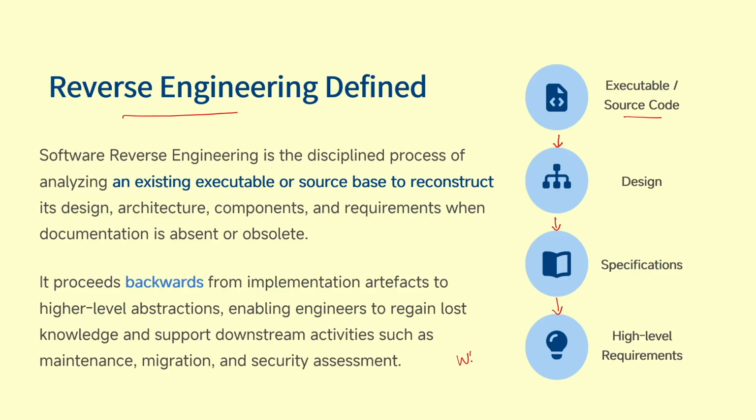The main problem is why we actually need this reverse engineering. The simple solution is that you might have a very old software that was working many decades back. In such scenarios the documentation will not be available.